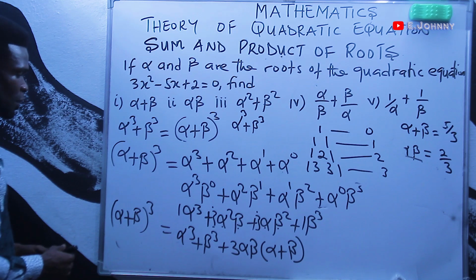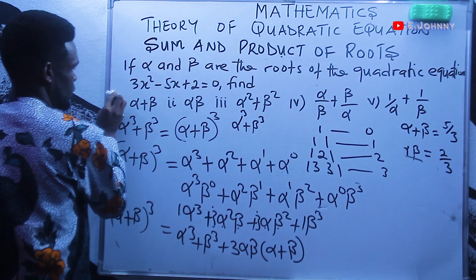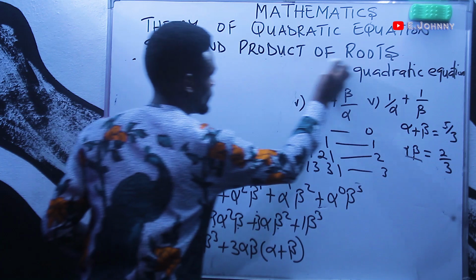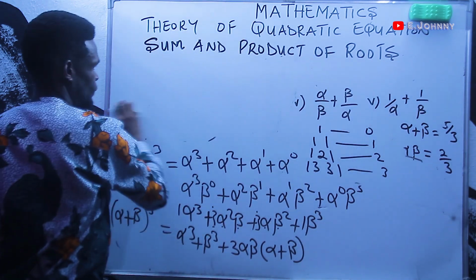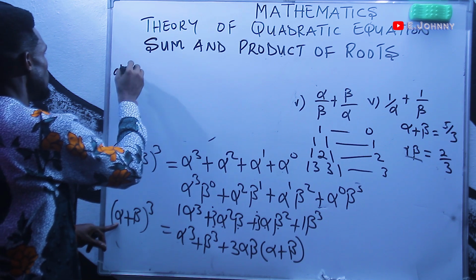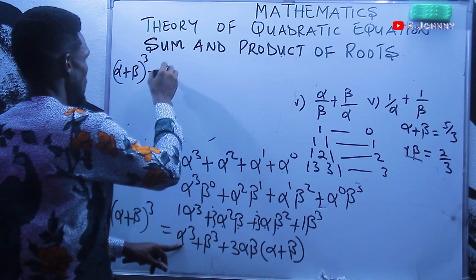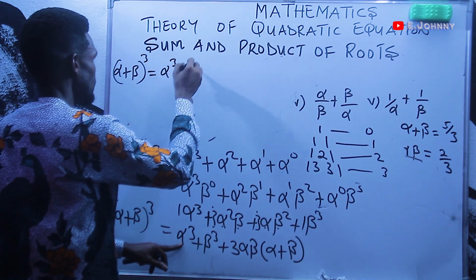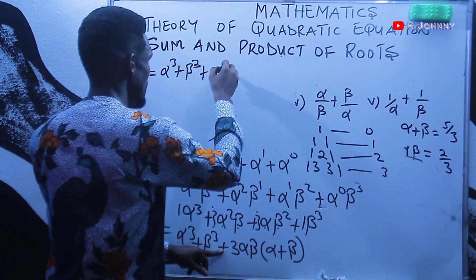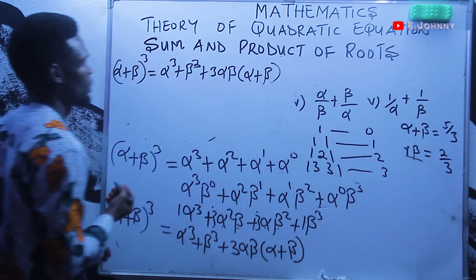So from here, what we have is this: alpha plus beta cube is equal to alpha cube plus beta cube plus 3 alpha beta into alpha plus beta.